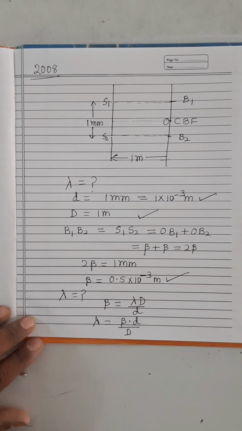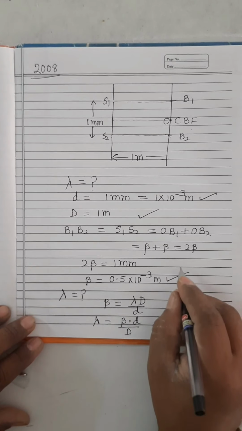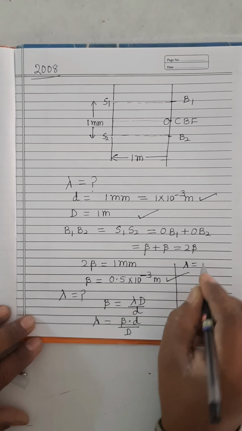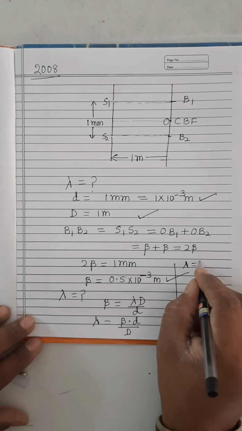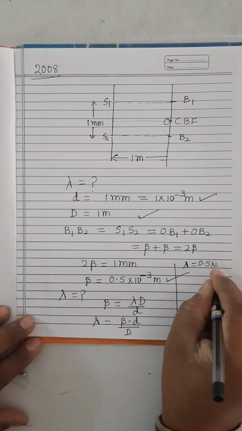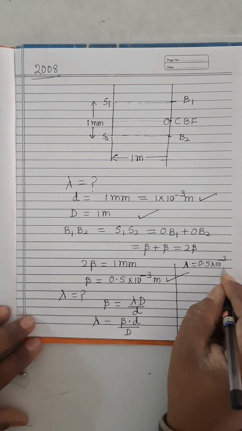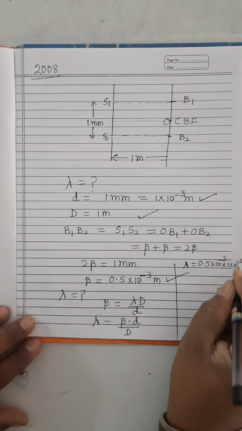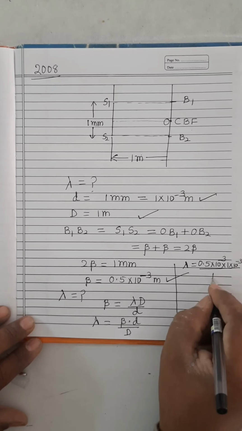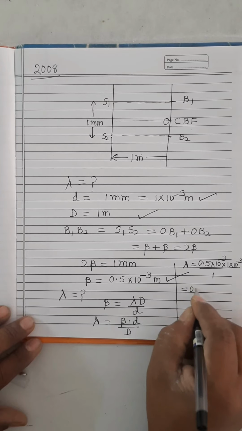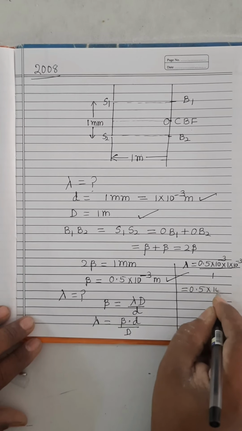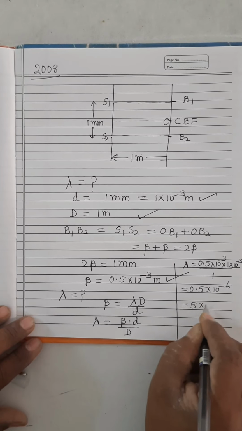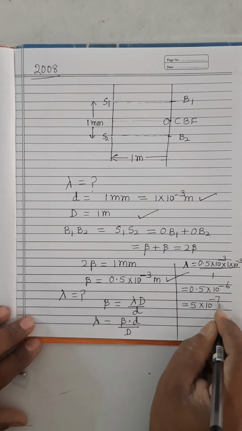If you substitute here, lambda equals beta, 0.5 into 10 to the power minus 3, small d is 1 into 10 to the power minus 3, upon capital D is 1. So it will be 0.5 into 10 to the power minus 6 meter, that is 5 into 10 to the power minus 7 meter.